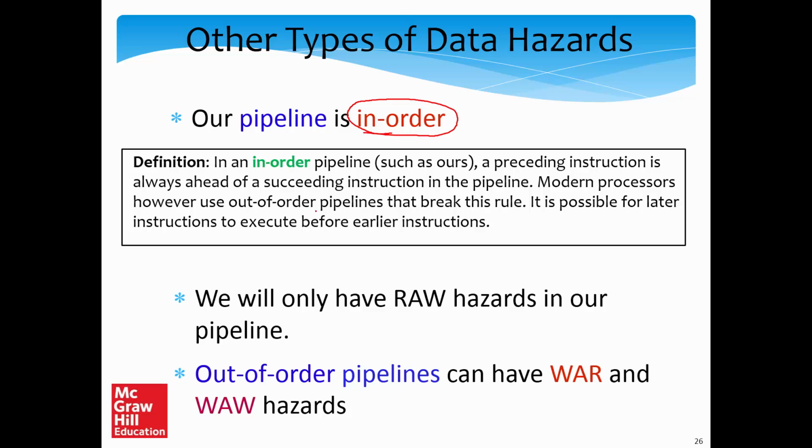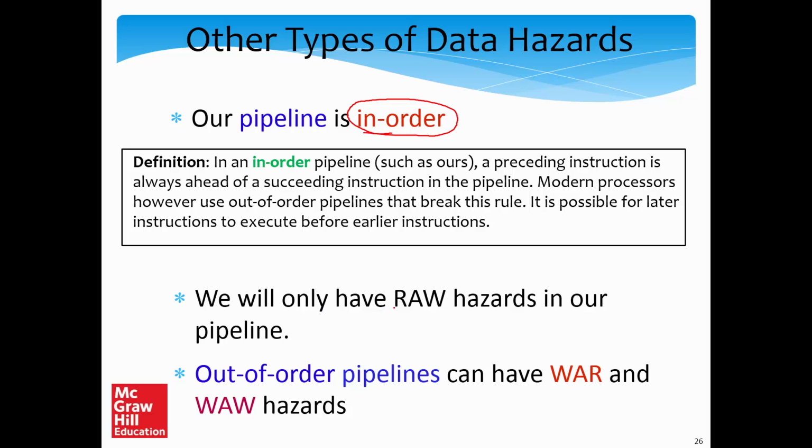It's not that they're not used. But nowadays they are mainly used for smaller processors, embedded processors, and so on, where high performance is not really the key, we are more looking for power efficiency. In all such processors which have in-order pipelines, a preceding instruction, an earlier instruction, is always ahead of a succeeding or later instruction in the pipeline.